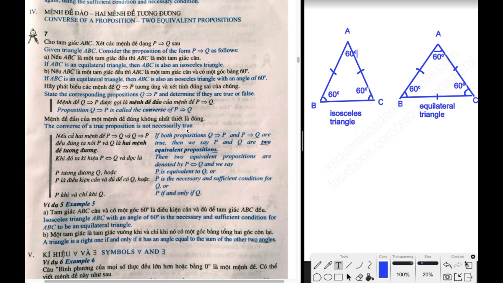My example is, if the earth explodes, all of us will die. It's a true proposition, right?